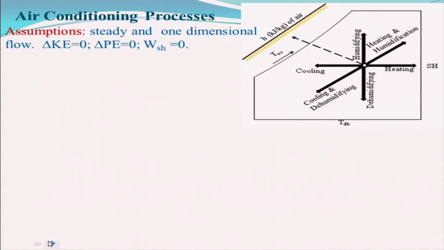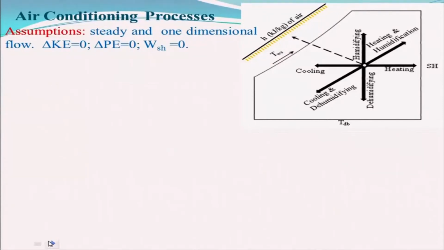So we want to analyze these air conditioning systems. What will we have to do? We will do our standard assumptions, because this is a flow process, that is, a steady flow process, and we consider it one dimensional for simplicity. In the actual case it will be three-dimensional. But for our case, we are considering one dimensional, also uniform flow.